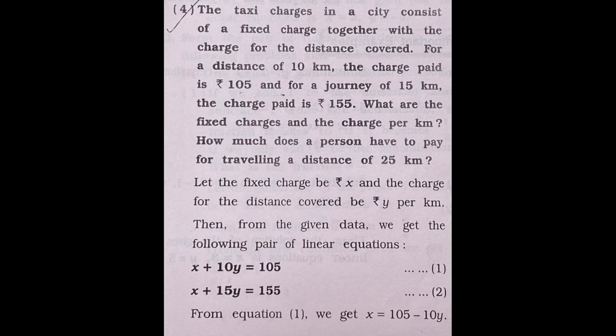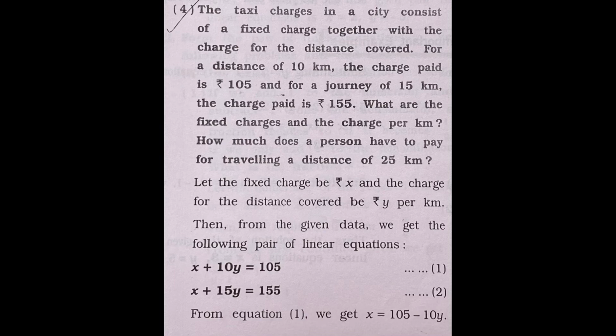So students, first of all, here you need to understand the question. The taxi charges in a city consist of a fixed charge along with the charges for the distance covered. So a particular charge is fixed. Along with that, there are charges which depend upon the distance covered. And here it is given that for 10 kilometers distance covered, the total charge, that is the fixed charge plus the additional charge for 10 kilometers, is 105.